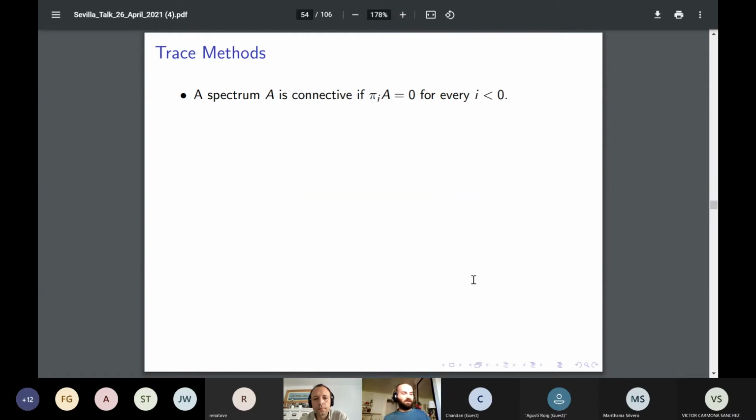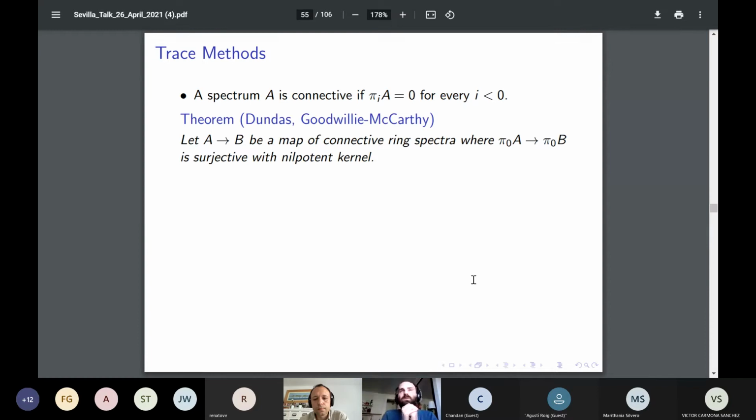Now I can talk about these trace methods, which I was telling is a program that was developed to compare algebraic K-theory with more computable homology theories. So the idea is to boil down algebraic K-theory computations into computations of more computable homology theories.